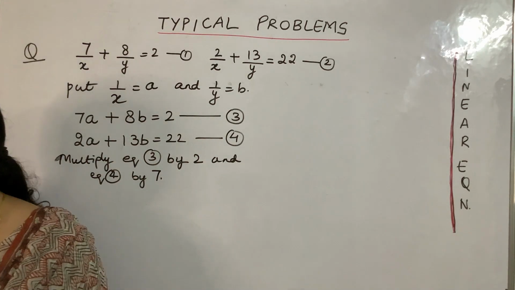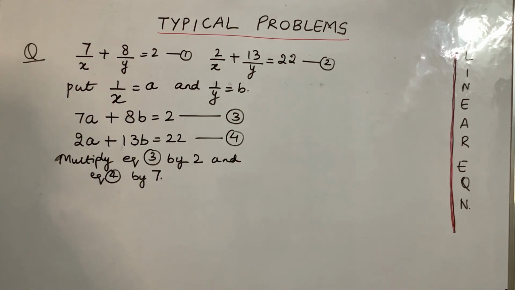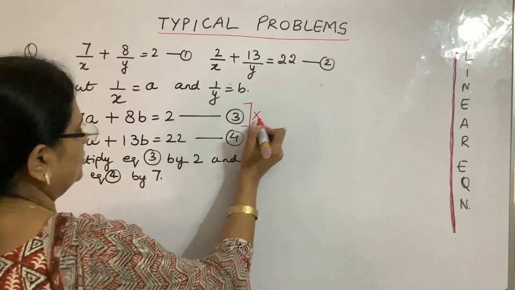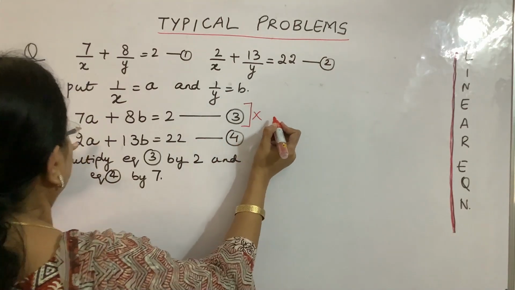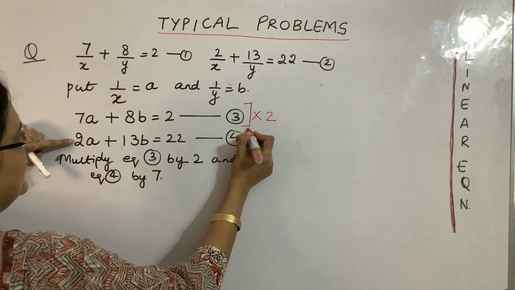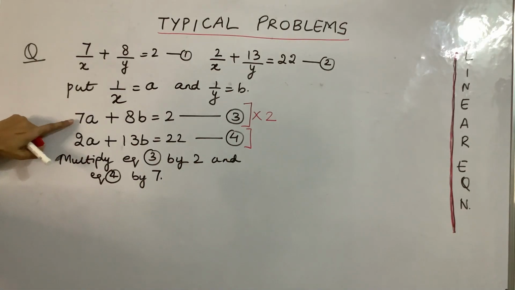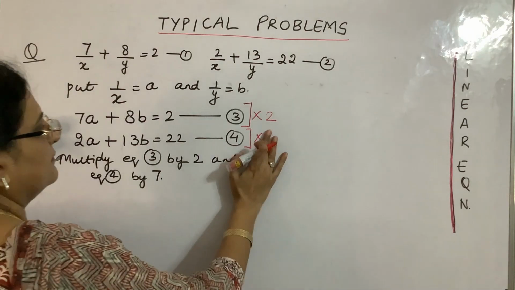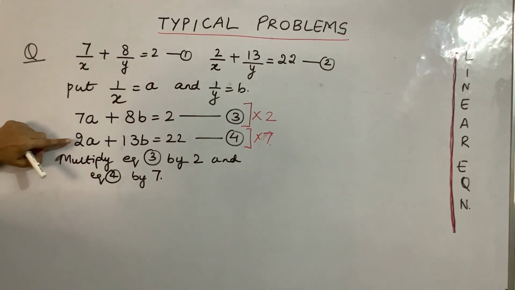Or if I want to write it down, I can say that this entire equation has to be multiplied by this coefficient and this entire equation has to be multiplied by this coefficient, into 7. This by this and this by this.